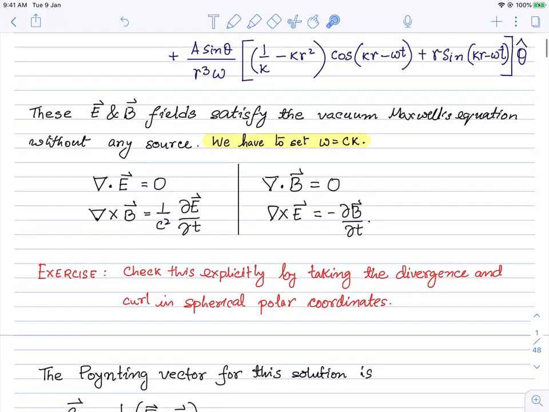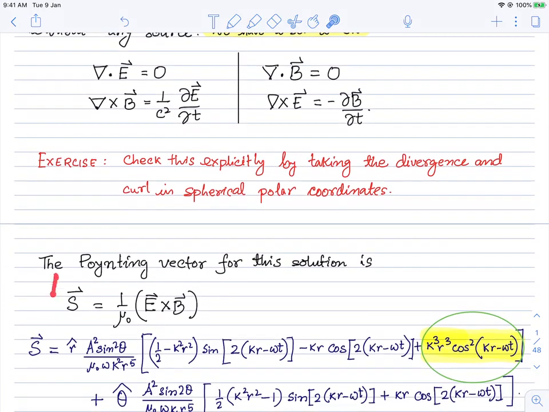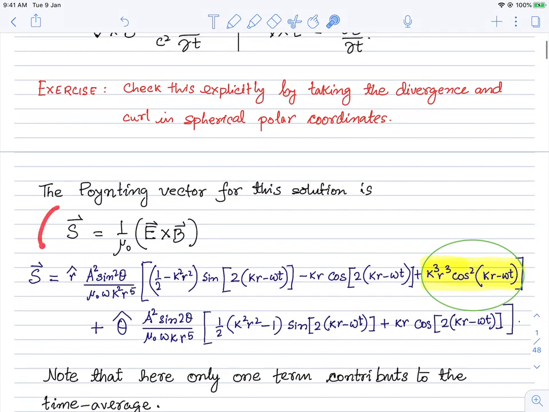Now, if we verify that this is a solution with this electric and magnetic field, we can compute the so-called Poynting vector, which you have encountered in our discussion about conservation of energy. This Poynting vector essentially has the interpretation of energy current density.